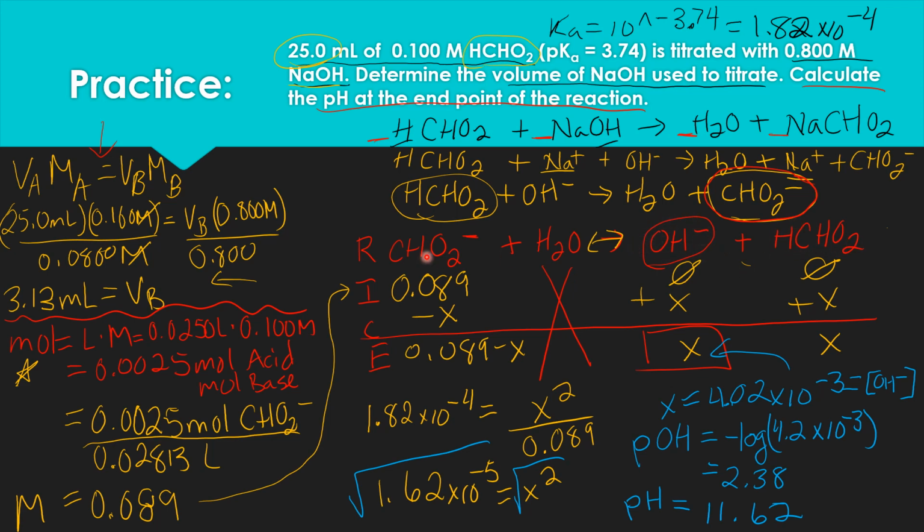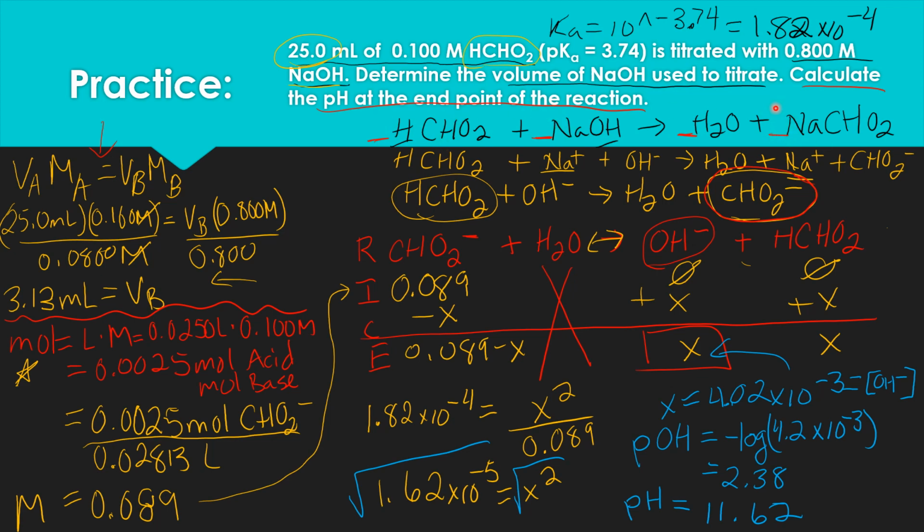Now we want to do a RICE table to figure out what is the equilibrium that's going on here. What's our equilibrium concentration, in this case of hydroxide? So we get our initial amount of the CHO2 minus, that conjugate base, by taking the moles of it that's formed, because it's a 1-to-1 ratio with our acid and base.